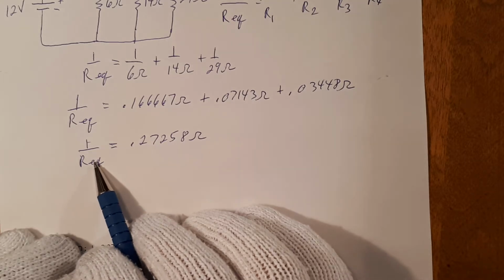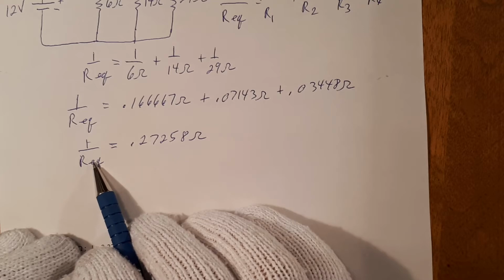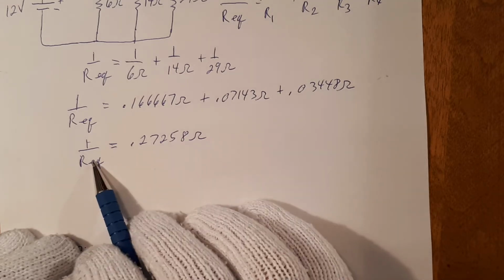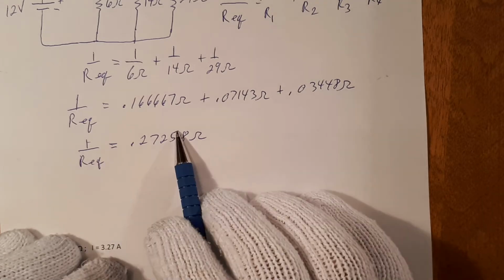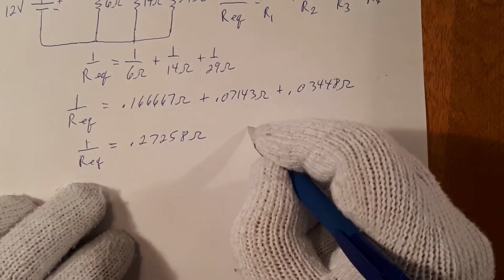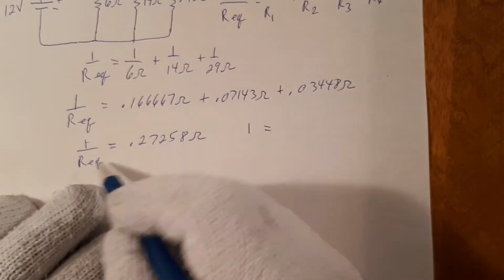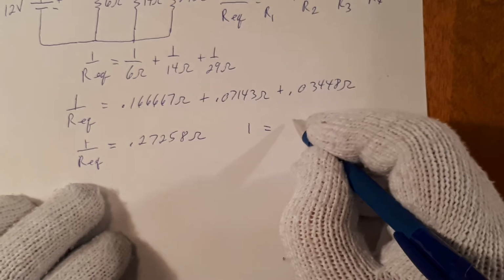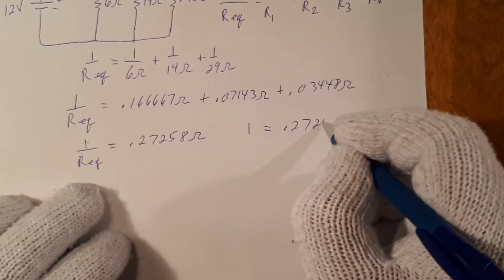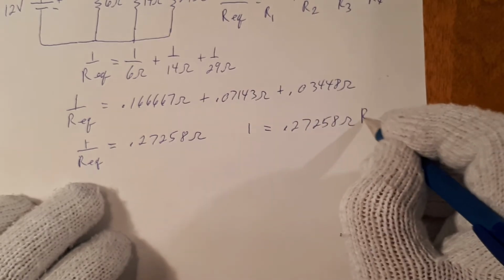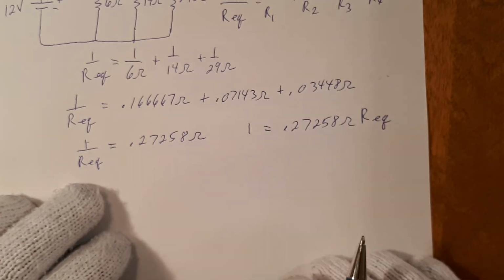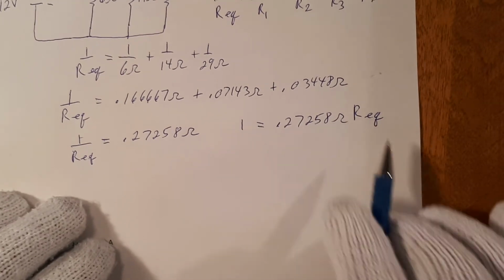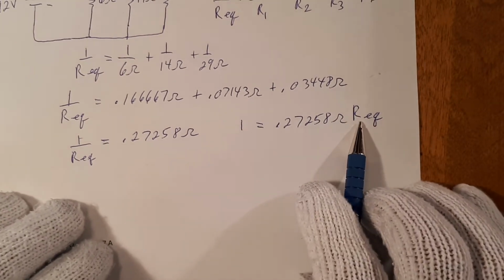So we need to bring this to the numerator. So we're going to multiply both sides by Req. Doing that, we'll get 1 is equal to 0.27258 ohms times the equivalent resistance.